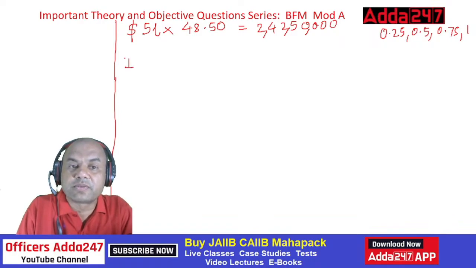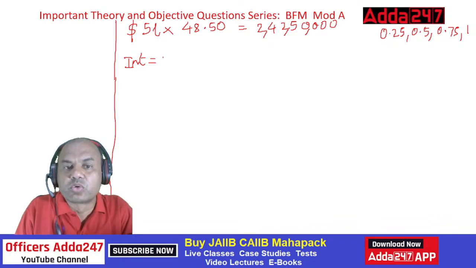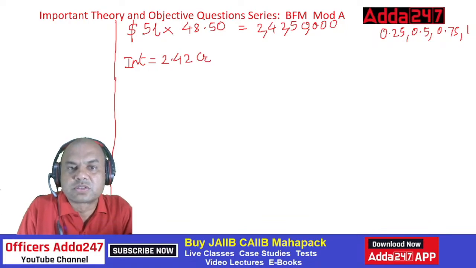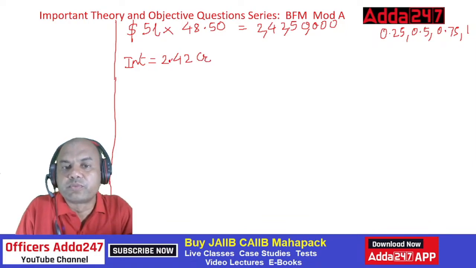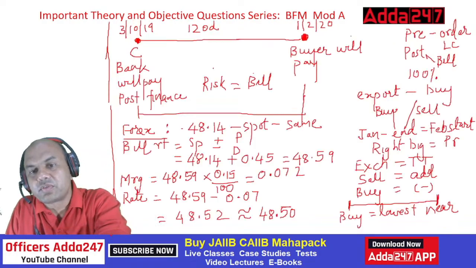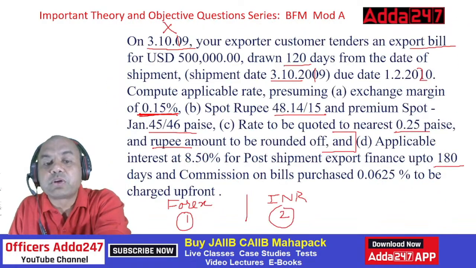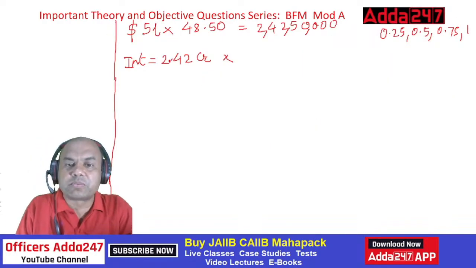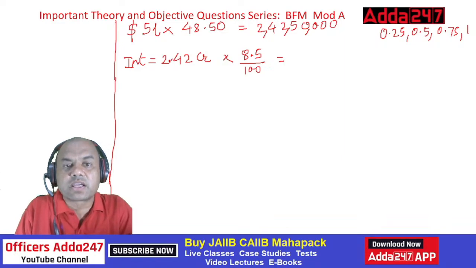So interest equals, I'll just write it now 2.42 crores, because it is very big. 2.42 crores into, and what is this percentage? 8.5%, right? So 8.5 upon 100. This is my interest.